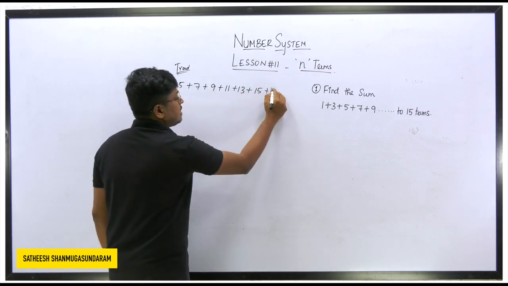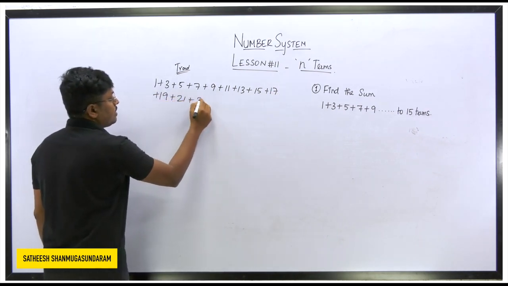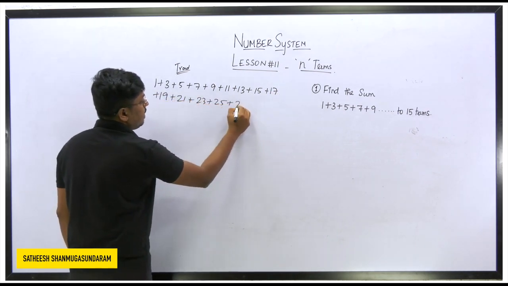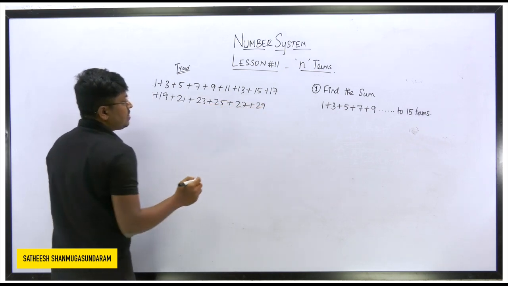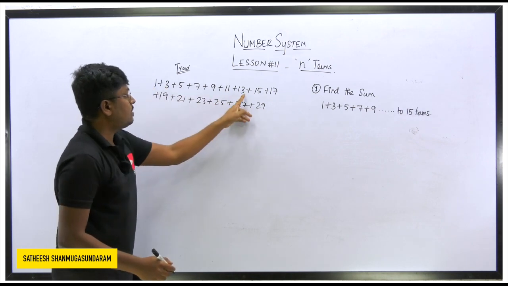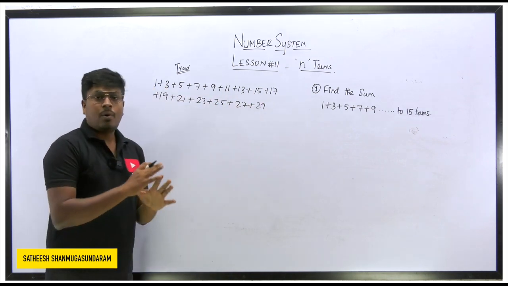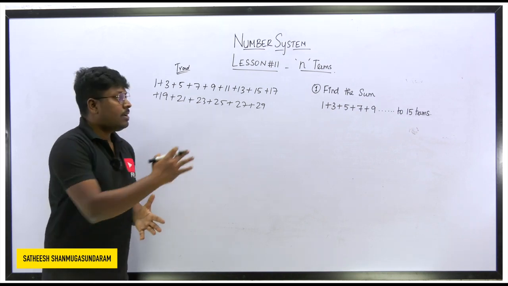So 17, then 19, 21, 23, 25, 27, 29. I think we have written all the 15 terms. So 1, 2, 3, 4, 5, 6, 7, 8, 9, 10, 11, 12, 13, 14, 15. Yes, I have written all the 15 terms starting from 1 in the given format.